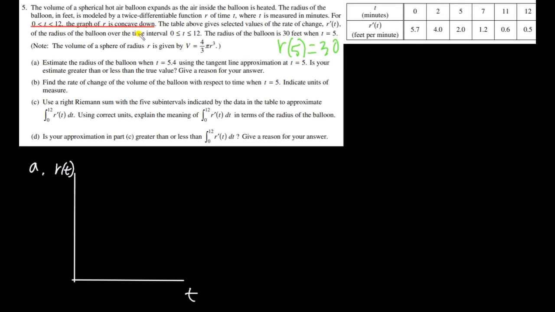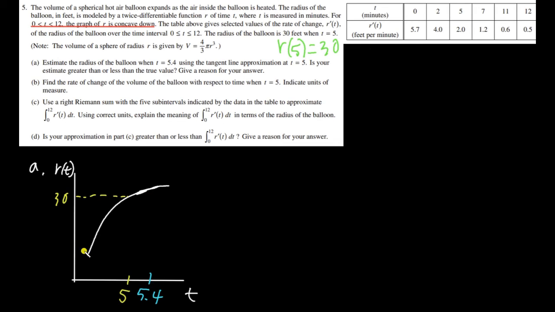We know that r is concave down, right? So maybe it'll look something like this, okay? Something like that. So we know that at 5, the radius is 30, right? Let's say this is 5, the radius is 30, okay?